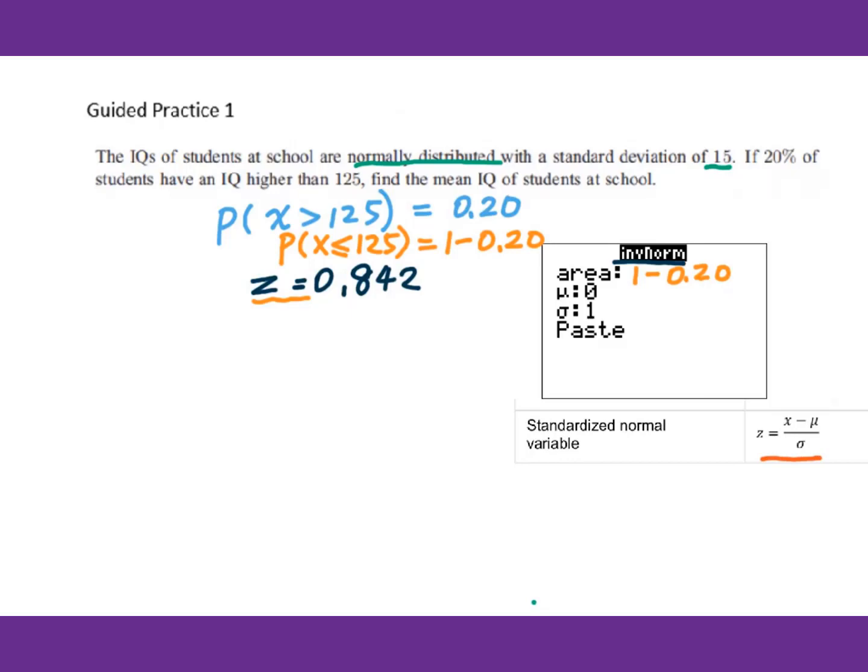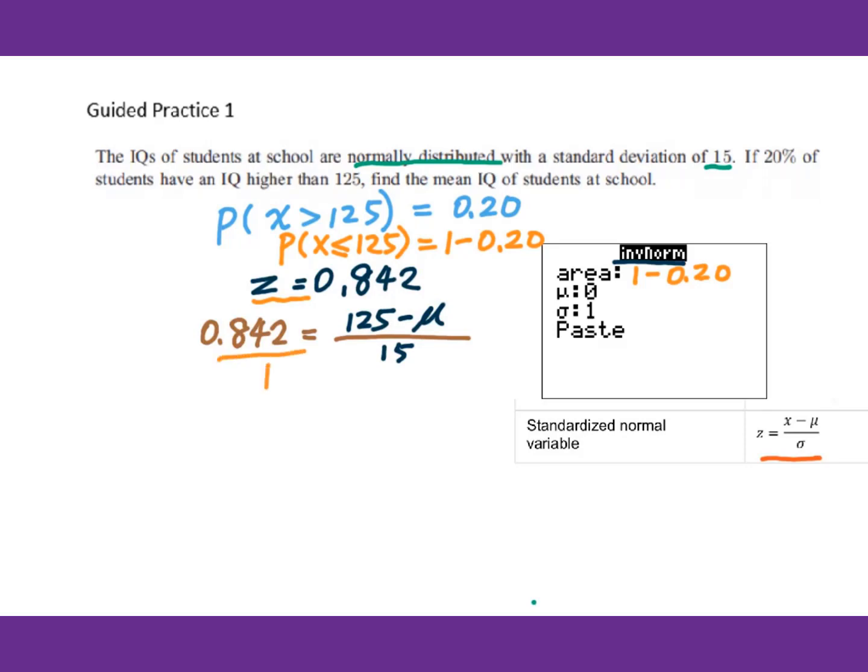Therefore, we plug in 0.842 equals x, which is 125, minus mean. The standard deviation is given as 15.